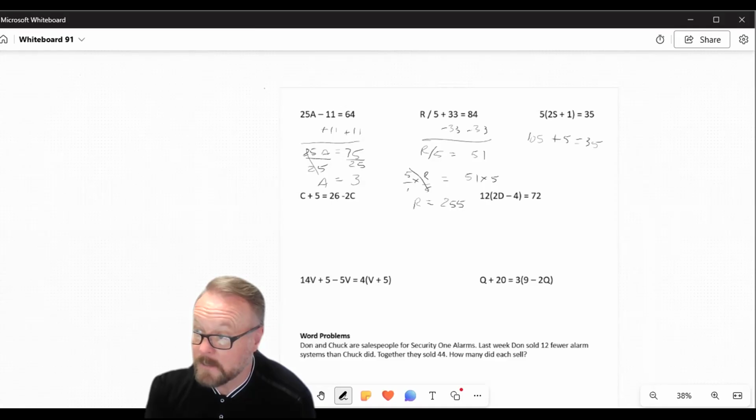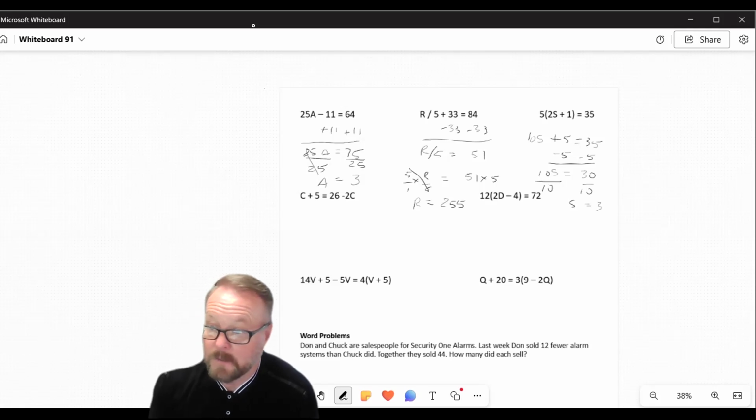All right, so now I wrote the equation that way. Now I need to move the 5 over. So now that means 10s equals 30. And I divide both sides by 10. That means s equals 3.